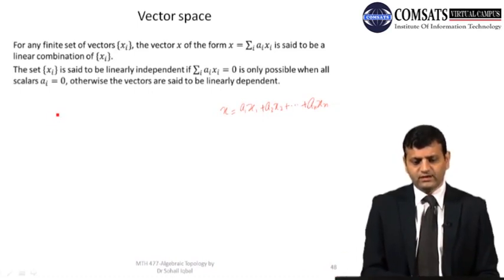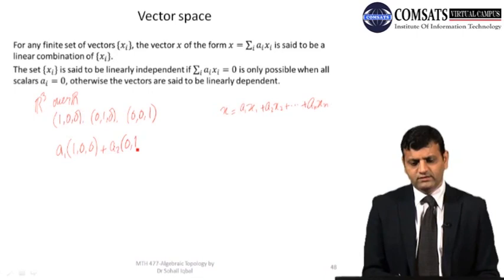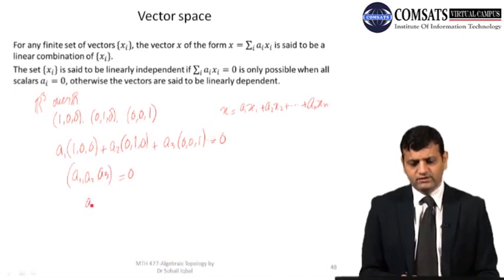So for example, if we take R3, which is a vector space over R, then (1,0,0), (0,1,0) and (0,0,1), these three elements are linearly independent, because if I take a linear combination of these three elements, then the result is going to be this, and if I put it equal to 0, then the resulting will be (a1, a2, a3) equal to 0, which means that a1 is 0, a2 is 0 and a3 is 0. So this 0 is basically the 0 vector.